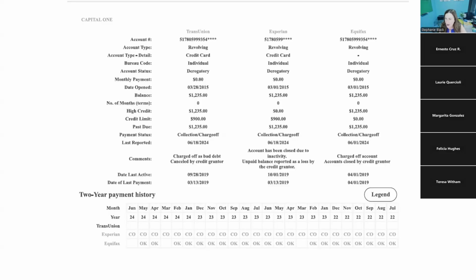Not a lot different, but they're showing up a little different. One's saying March, one is saying April. Date last active, these could actually be different, right? If they reported them at different times, these are pretty close and they're all reporting same balances. So these are the types of things that we're looking for.